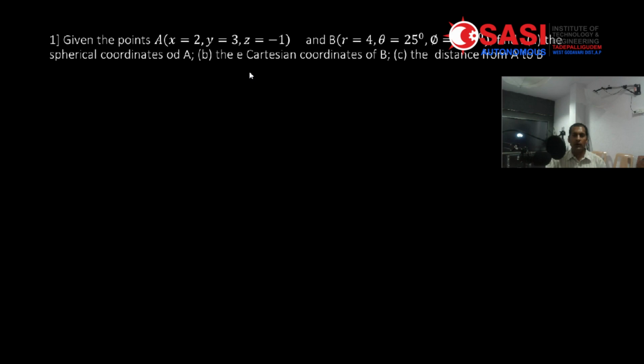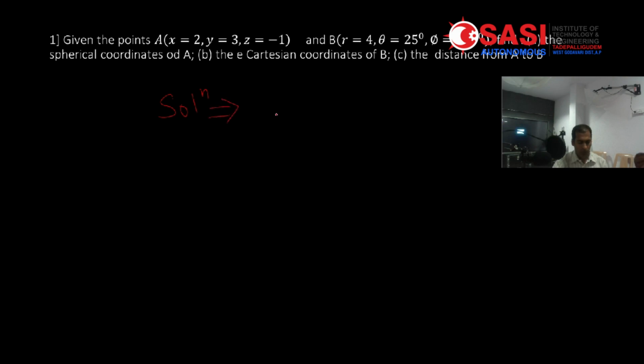We have to find out the Cartesian coordinates and distance from A to B. So let us first solve it for the radius. So let us check the solution.